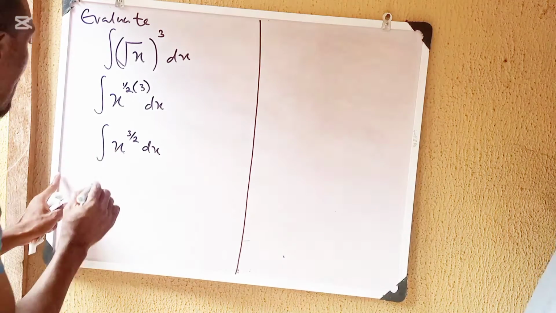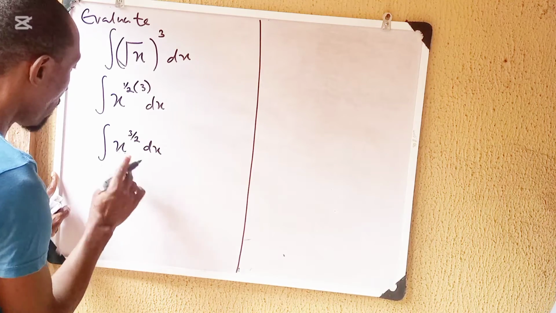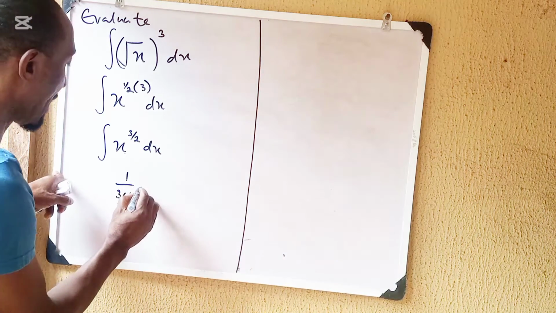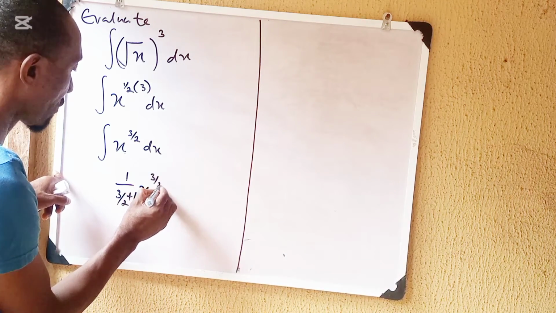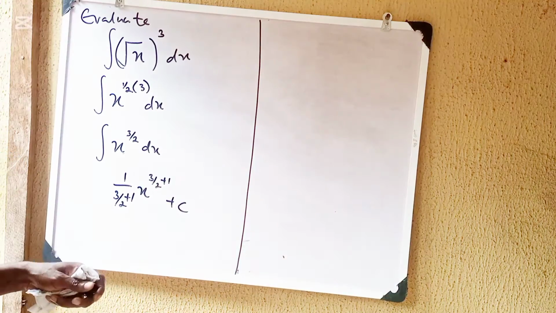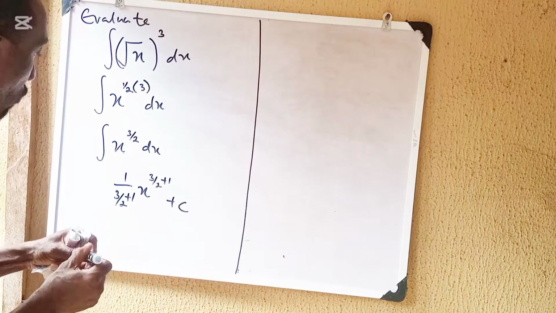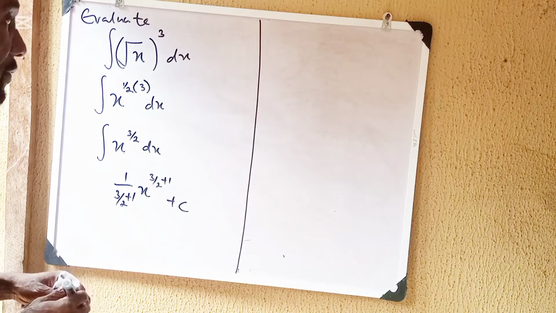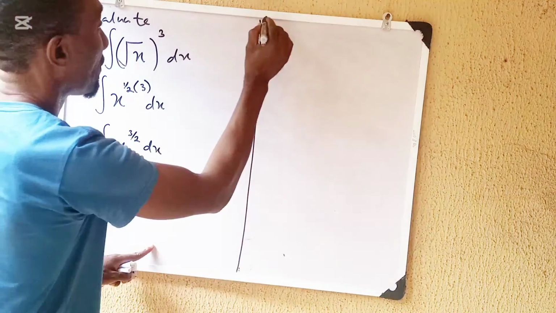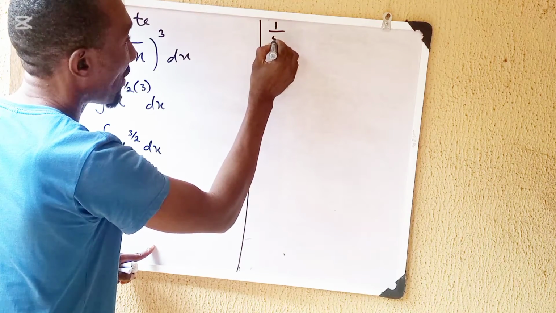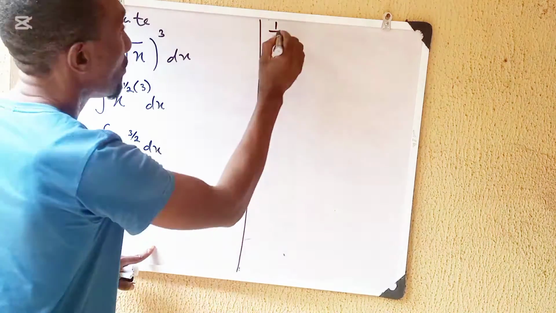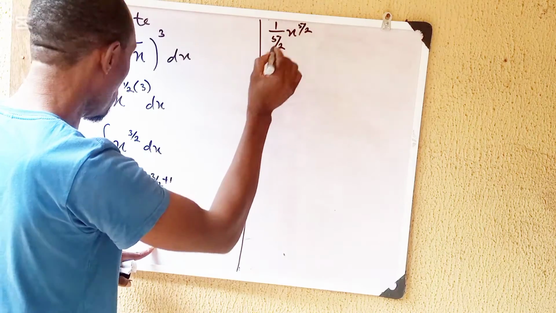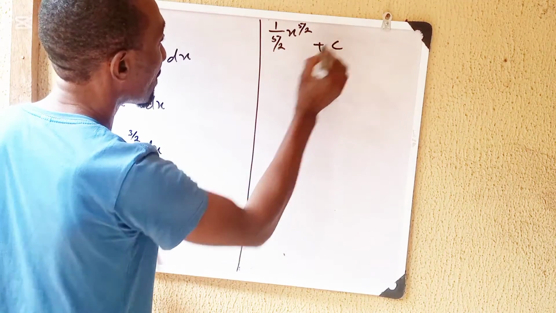Which I can now solve as 1 over 3 over 2 plus 1, then x to the power of 3 over 2 plus 1, then plus c. 3 over 2 means 1.5, so 1.5 plus 1 gives me 2.5. So we have 1 divided by 2.5, which is 5 over 2, then x to the power of 5 over 2, then plus c.